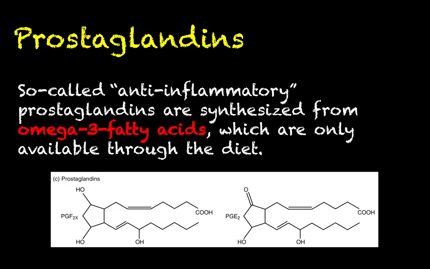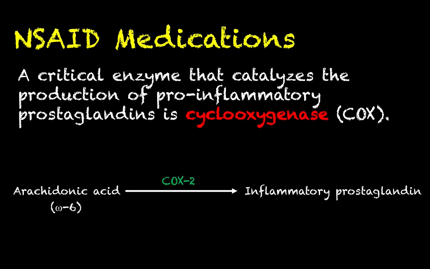So if you've ever been advised to eat foods that are rich in omega-3 fatty acids, things like fish oil and krill oil, this is the reason why, because it's thought that these omega-3 fatty acids lead to the production of these anti-inflammatory prostaglandins, which will relieve the symptoms of inflammation.